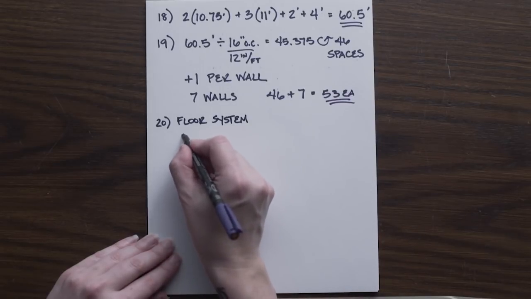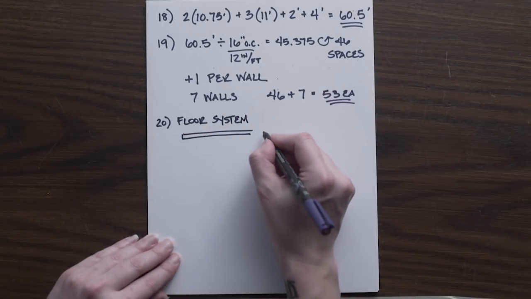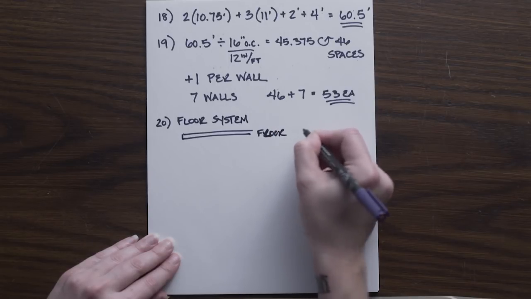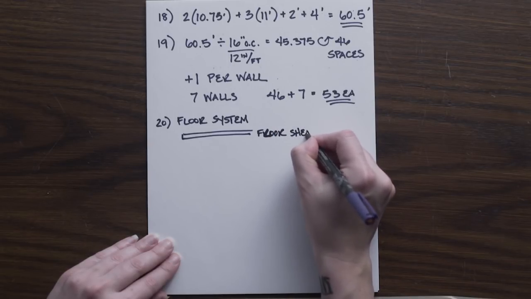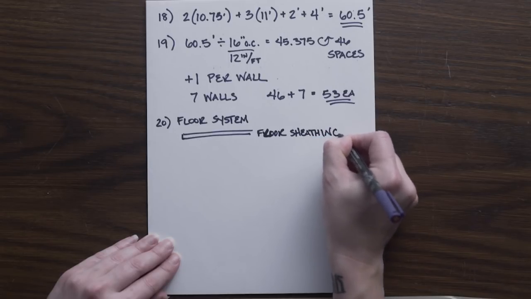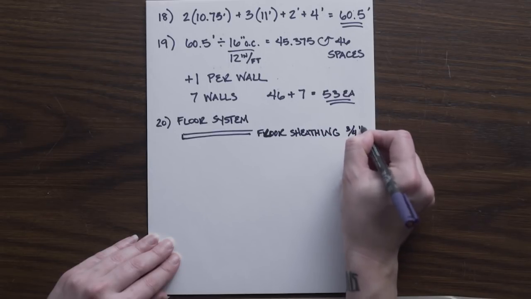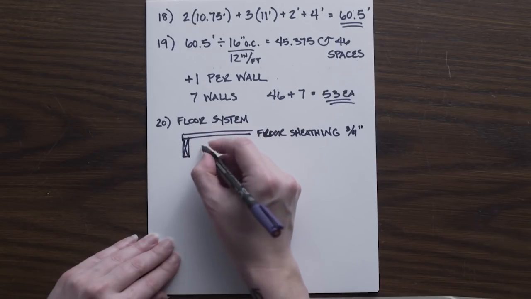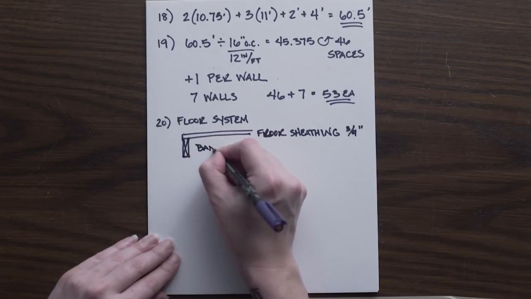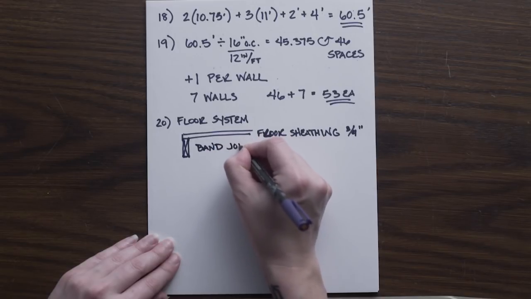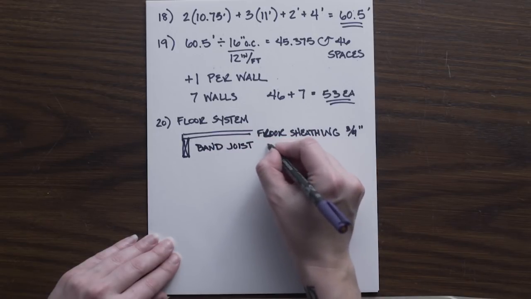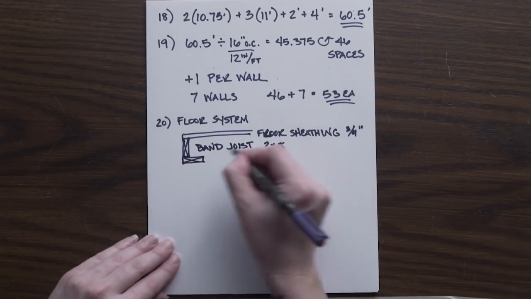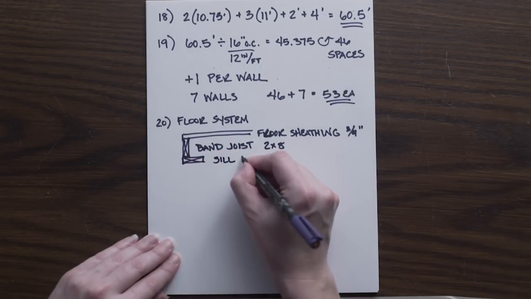And this is where we have our 3/4 inch floor sheathing. So floor sheathing is 3/4 inch. We have that sitting on top of a joist or a band joist, depending on where we're at in the foundation system, which is 2x8, and that sits on top of a 2x6 sill plate.